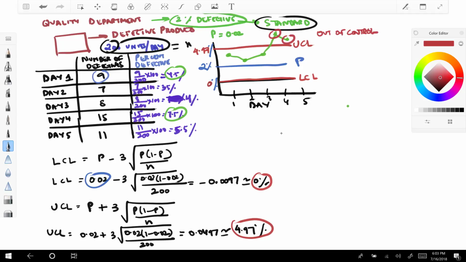So that is how you use the known population variance. Suppose we don't know the population variance, that means we are not given this standard. Then how to do the same problem?